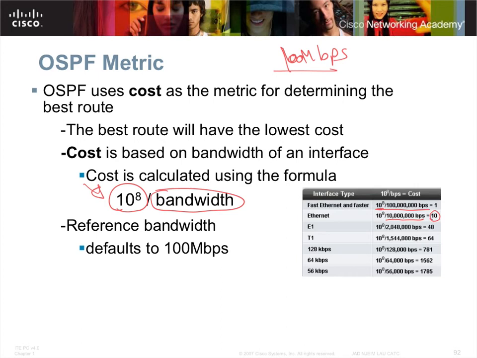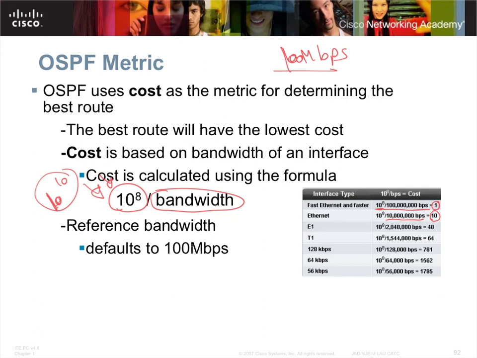What if I have 10 gigabit per second, which is ultimately faster than fast Ethernet? In that case, you need to change this reference bandwidth, so it will become 10 to the power 10, because the cost of OSPF has to be 1 or more. OSPF maintains the cost to be 1 or more. So in any case, it doesn't matter.